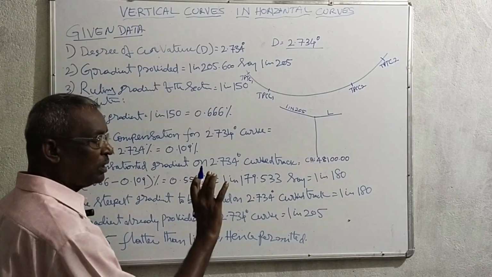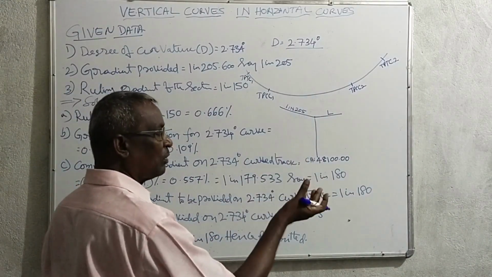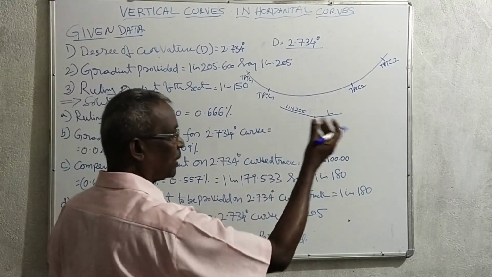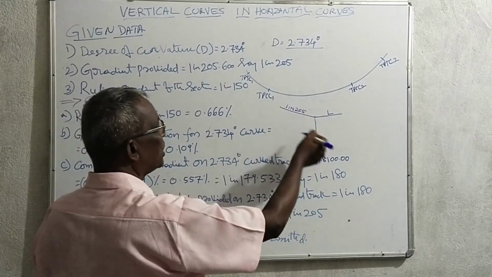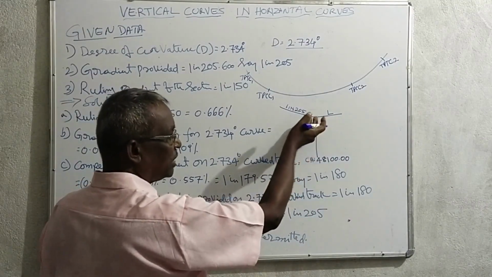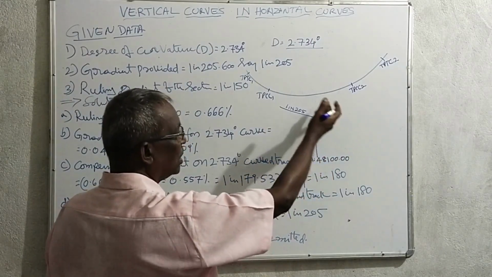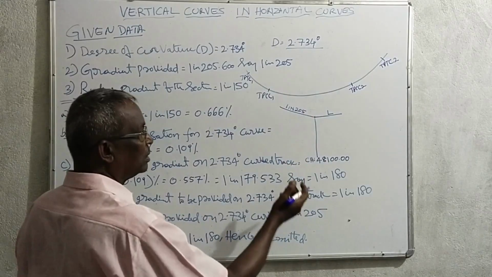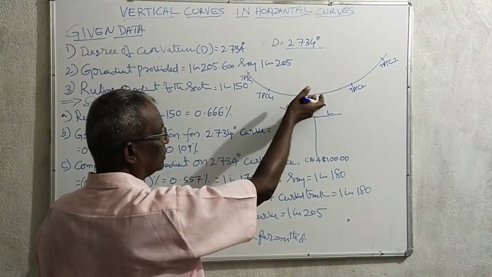The algebraic difference between grades is equal to or more than 0.4%, so a vertical curve is to be provided. The algebraic difference here is more than 0.4%, so here a vertical curve will be provided. This vertical curve falls on the horizontal curve.